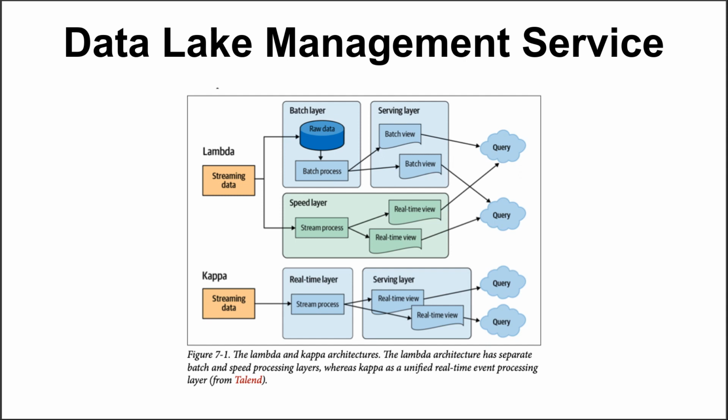Typically, there are two models that are out there. The Lambda model, and again, not to be confused with AWS Lambda. This is going back to the early days when technologies were still evolving. I remember the early days of Spark, early days of processing were very different from where we are today, right?